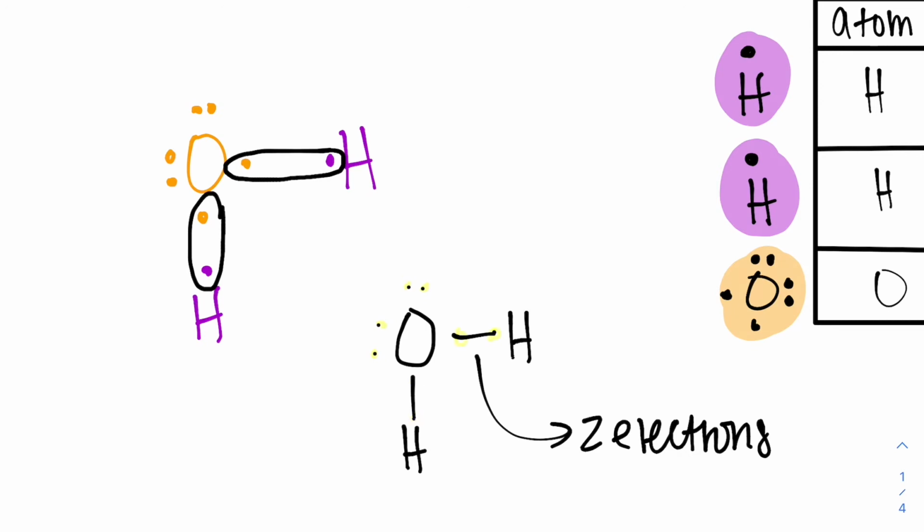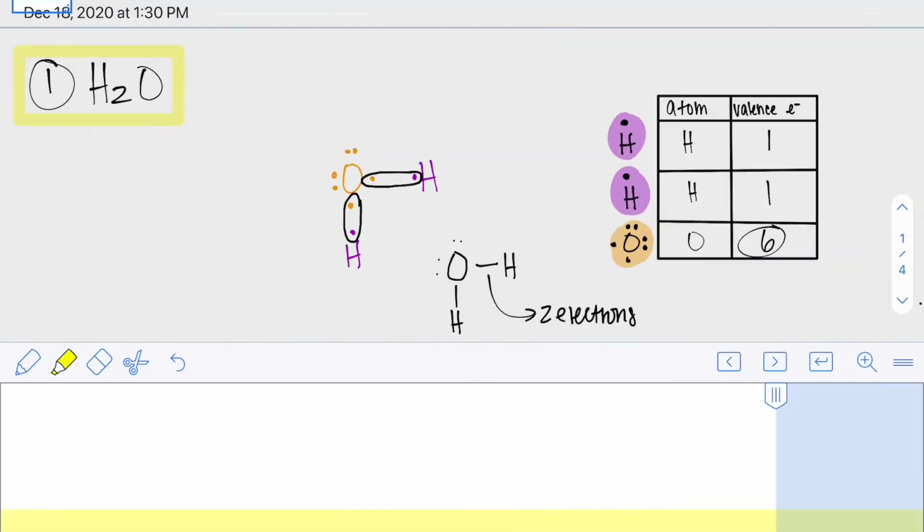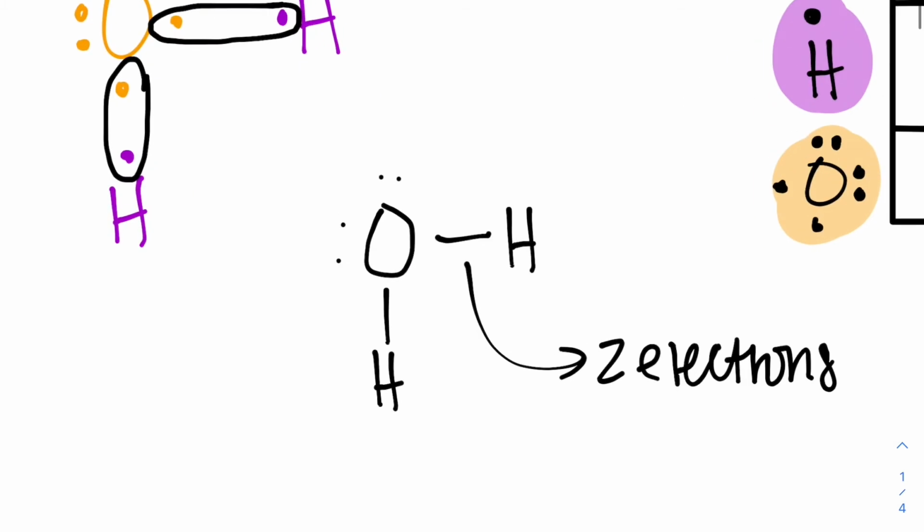Exactly what we want. Satisfies the octet rule. Each hydrogen wants 2 electrons. We can see that this hydrogen has 2, and this hydrogen also has 2. So all 3 of our elements are happy.